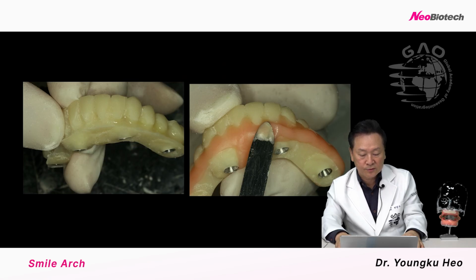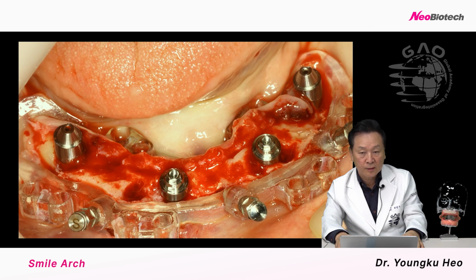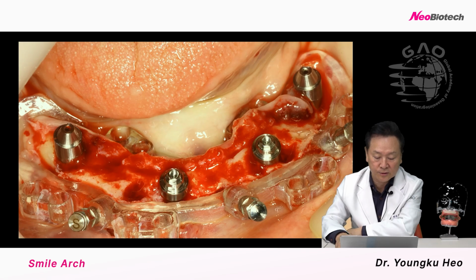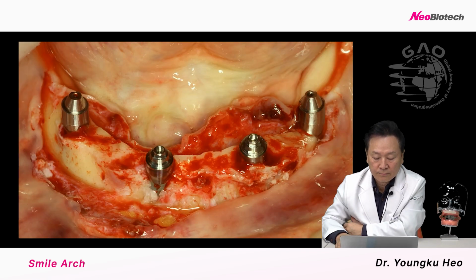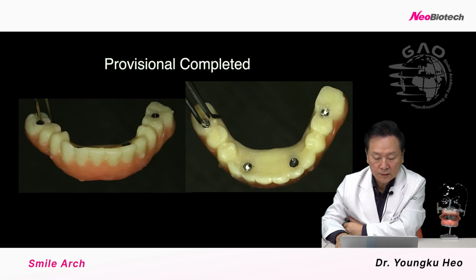There's nothing special. This is the regular procedure to reline the provisional restoration. So the provisional restoration is completed, but it takes time, like 2 hours or 3 hours to reline this provisional restoration.